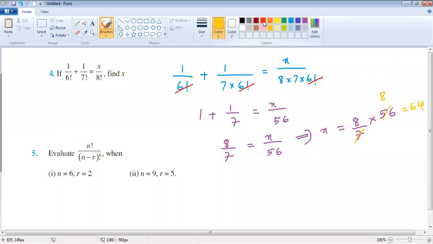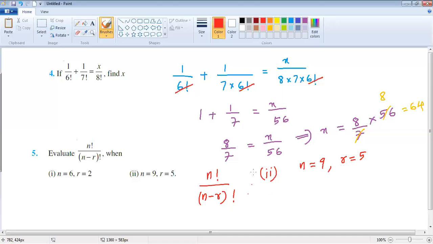Now look at the last question. We have to evaluate n factorial divided by n minus r factorial. What is this? It is a formula in which there is an r, which is why you are asked to do this problem. So we will do one question because they are the same type. So we'll do the second one. n is equal to 9, r is equal to 5.